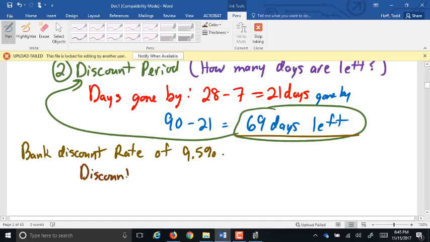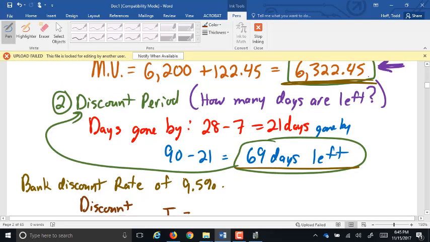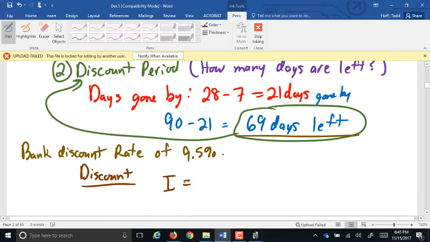So the bank is going to take a discount interest. What are they going to use for principal? The amount of money that I'm going to have at the end, which is the $6,322.45. That's the amount of money that they will get at the end of the note when Kyle pays. Their discount rate is 0.095.